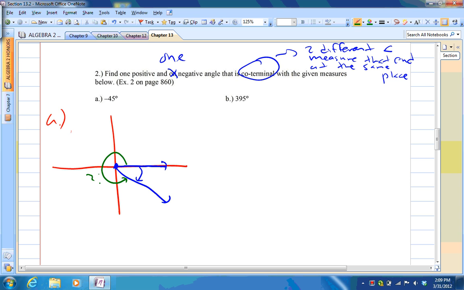What would that angle be? You might want to pause the video if you need time to think about it. What would that angle be? Okay, if you said 315 degrees, congratulations. Because if that's going to be negative 45, then going the other direction, that'll be 315 degrees. So that's one angle.